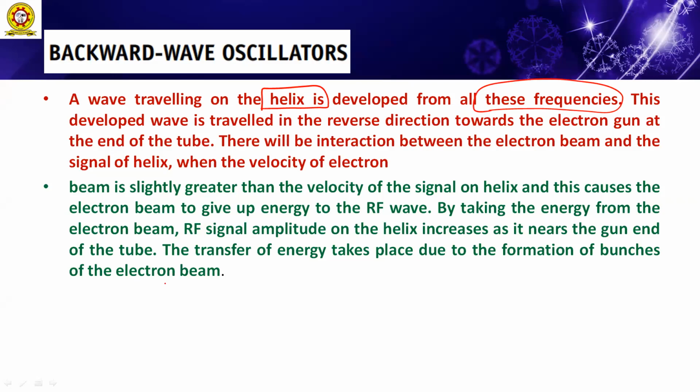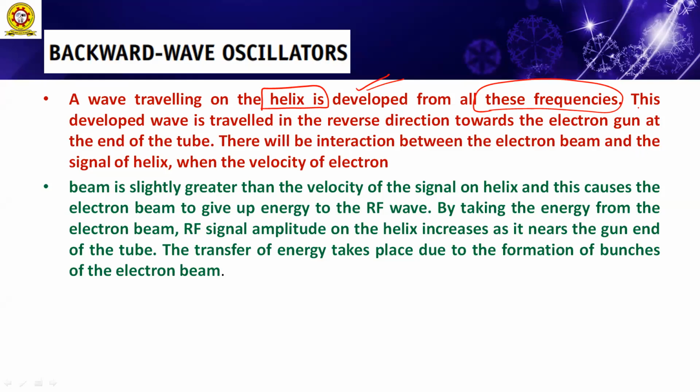Therefore the waves traveling in this helix are developed across this backward wave oscillator, which operates under well-known frequencies. This backward wave oscillator will be acceptable for all these microwave frequencies.